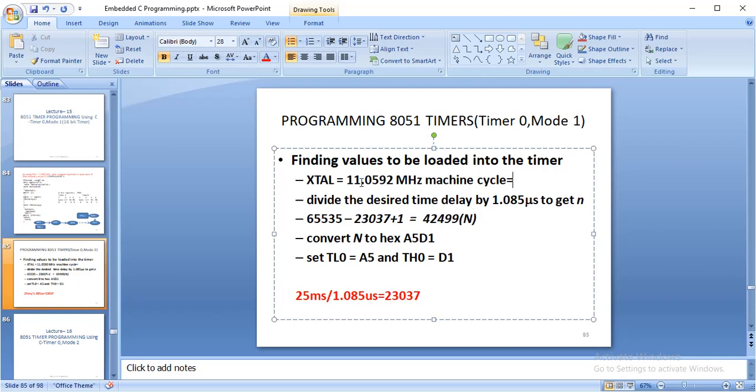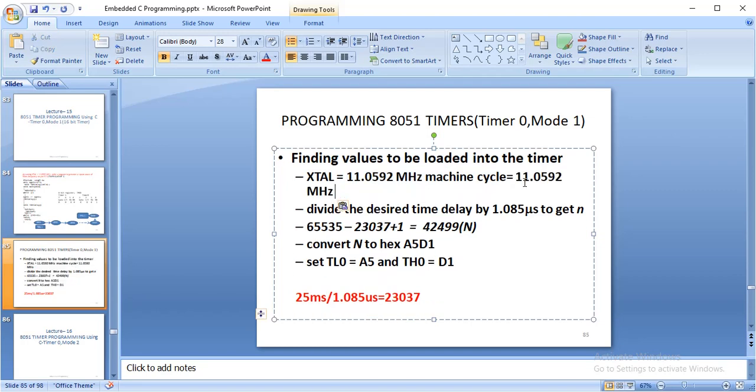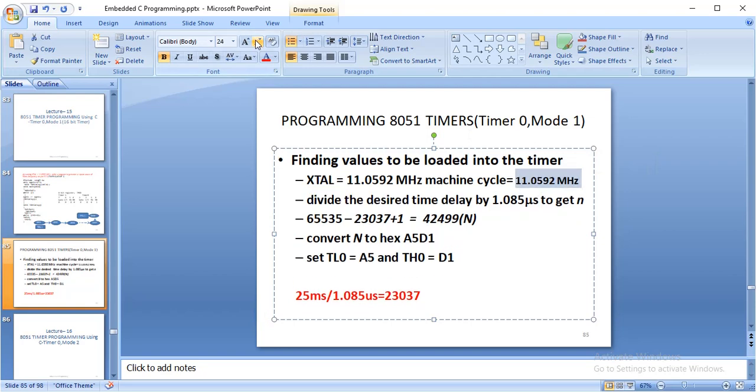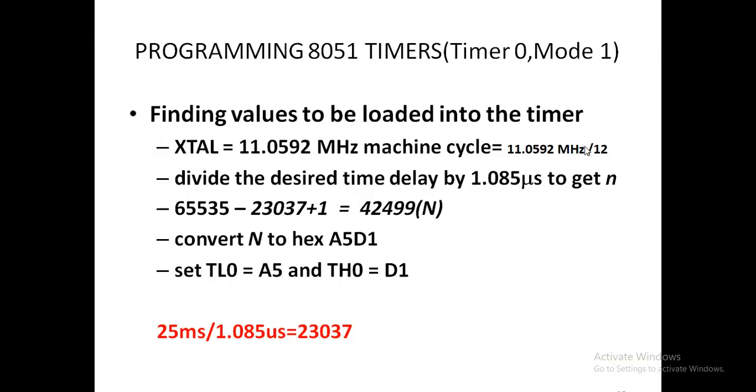You divide this value by 12 and you get 921.6 kilohertz. You take the inverse of that frequency and you get 1.085 microsecond. So one machine cycle is equal to 1.085 microsecond.